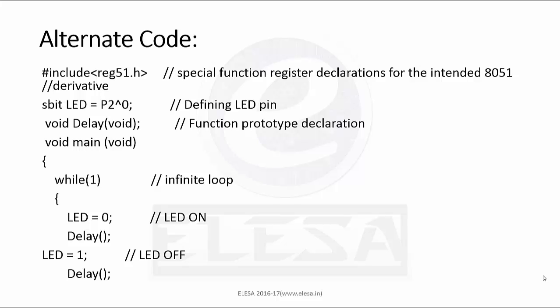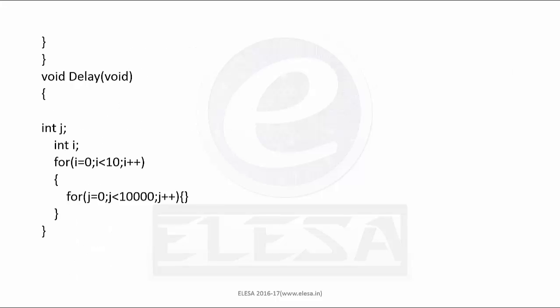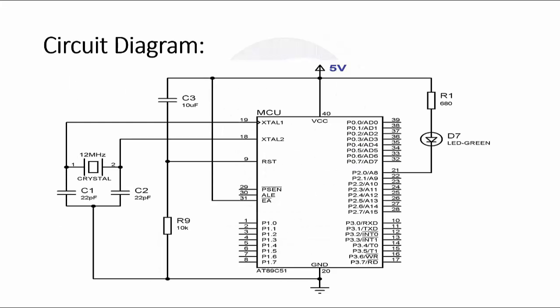Similarly, the delay is given and the LED is toggled. Here you can see the delay. So this is the circuit diagram in which it is clearly shown the LED is connected to pin 0 of port 2, and then toggled.